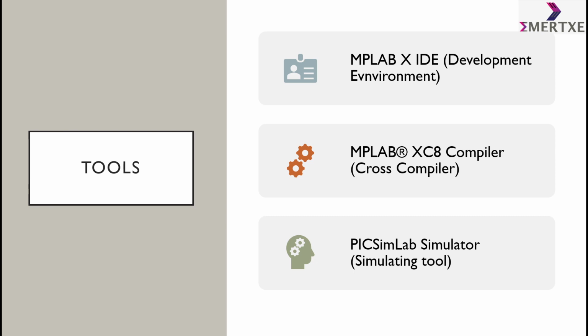It is a cross compiler. And the code that we wrote, we saved as a hex file and then opened it in a simulator called PicSimLab. It is a simulating tool mirroring the exact features and qualities of the PIC microcontroller that we need, where we simulated using the code that we got.